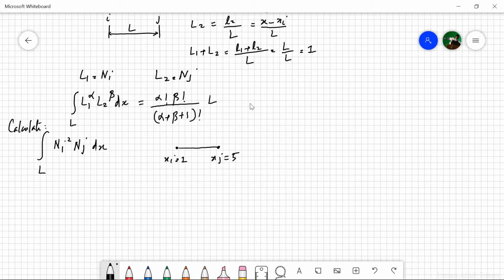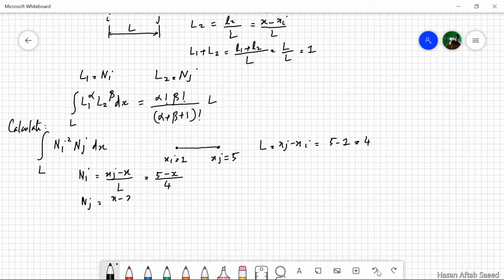It is not difficult, but as you'll see, it is quite tedious. Now, Ni is xj minus x over L. xj is 5, x is a variable, and length is xj minus xi, which is 5 minus 1, equal to 4. There is a 4 here, and Nj, the expression is x minus xi over L, which means x minus 1 over 4.